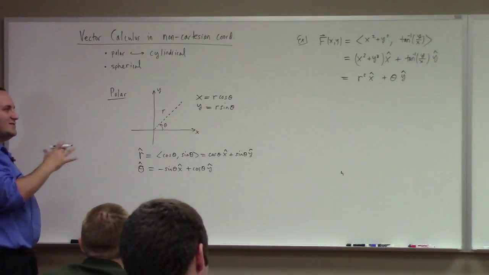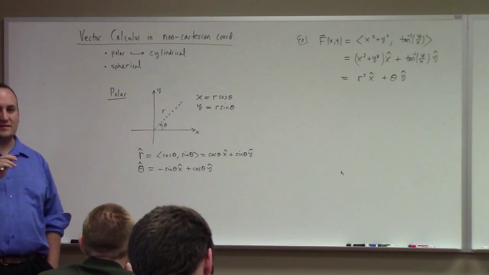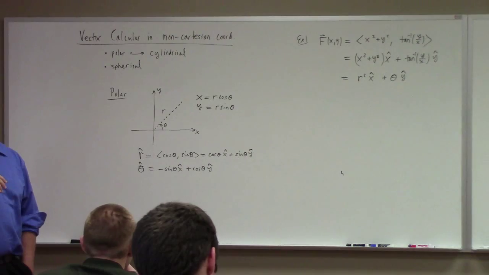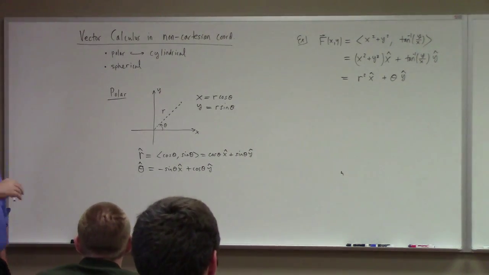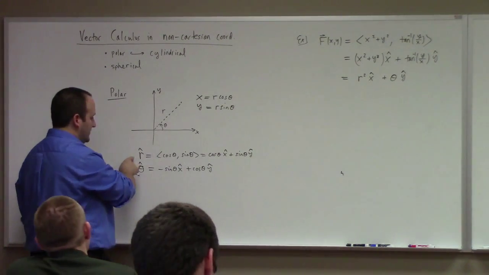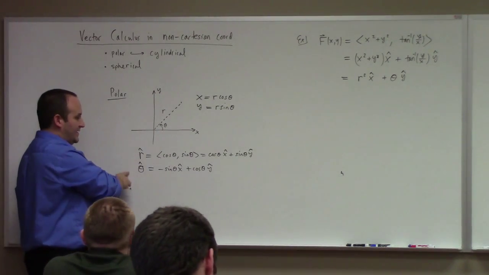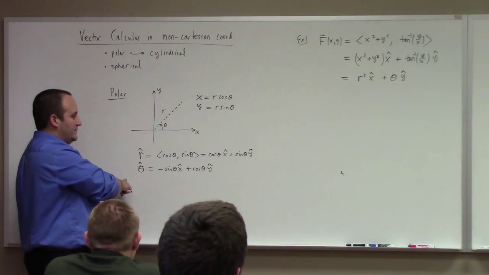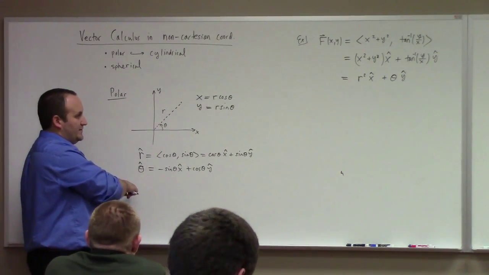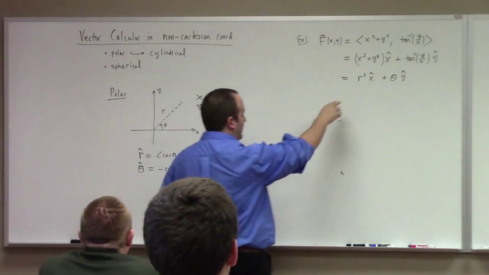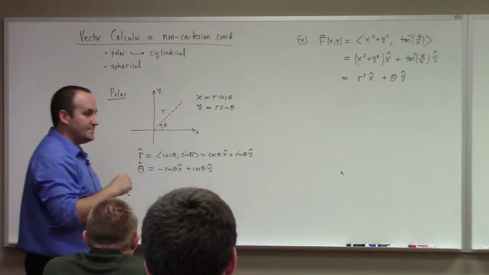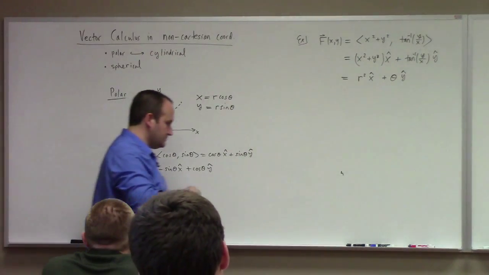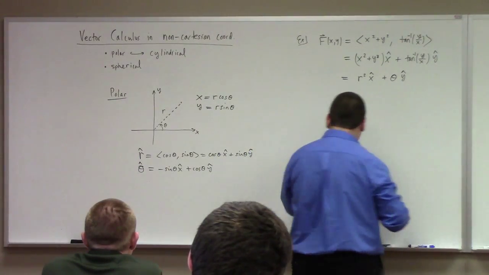But we haven't sold out completely to polar coordinates just yet, right? Because you've still got x hat and y hat there. We'd want to convert those to what? We want to somehow convert x hat and y hat to r hat and theta hat. So how can you find what x hat and y hat are in terms of r hat and theta hat? Well, there are various methods.